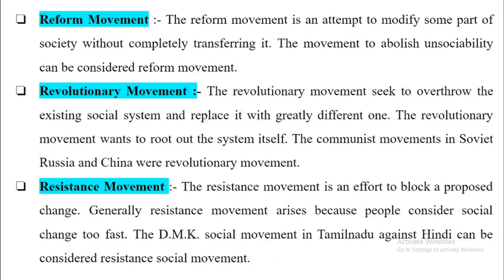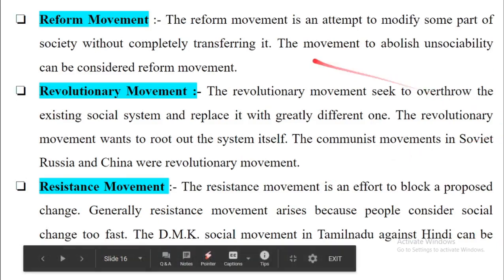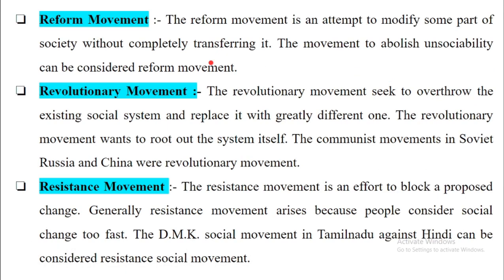Now next, reform movement. The reform movement is an attempt to modify some part of society without completely transforming it. So some reform is required in some part of society, not all. The movement to abolish untouchability can be considered a reform movement.